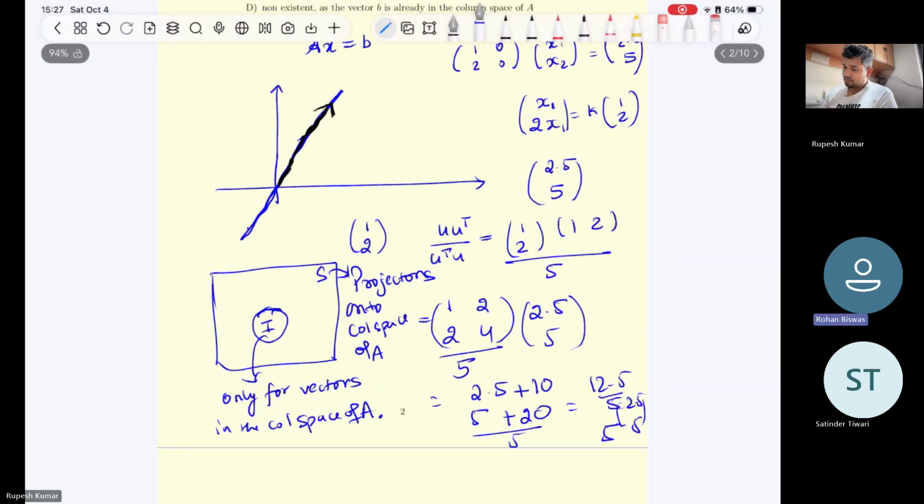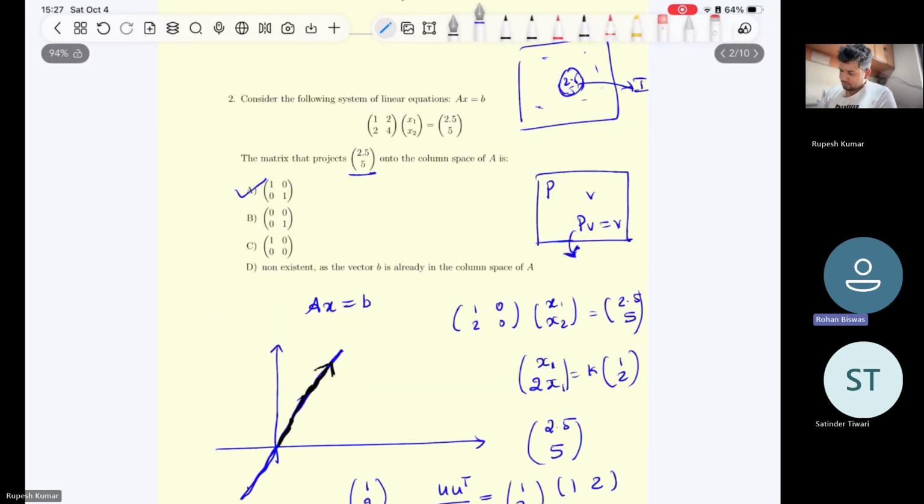Okay. So sir, also tell me, in this Venn diagram, which contains all projectors onto the column space of A, does it also contain that projection U U transpose divided by U transpose U? It is here. From here also you can see this P should be identity.